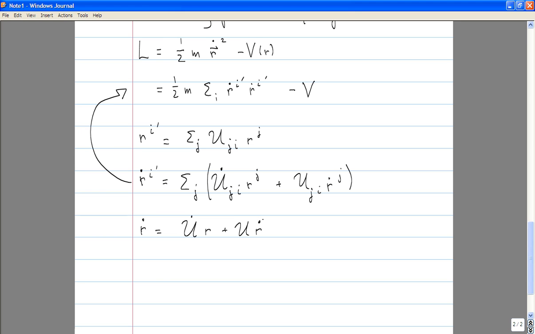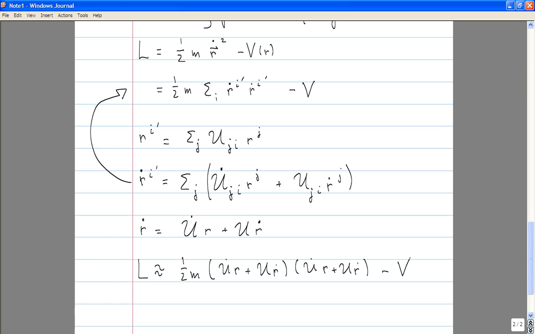And the Lagrangian, if I just work schematically and forget about my indices, is 1/2 m times (U dot R plus U R dot) times (U dot R plus U R dot) minus V.